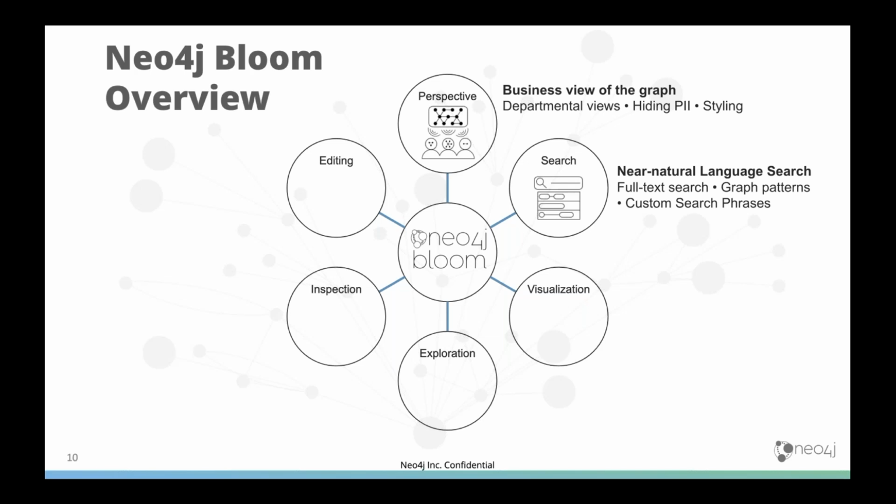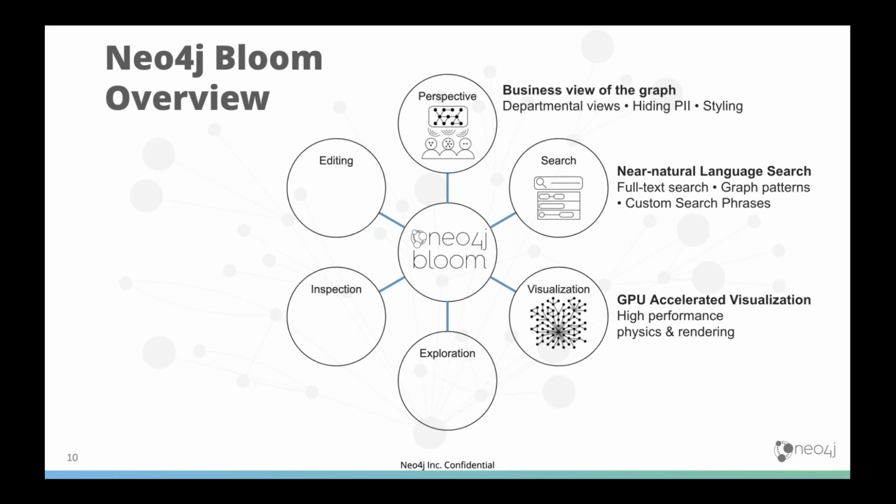It's not fully free text search like Google, but aims to get closer to that near natural language search mechanism that we could offer. And I'll talk about that in a second, a little bit more. Those are, in my mind, two things that are very unique about Neo4j Bloom and the experience that we want to provide to the audience.